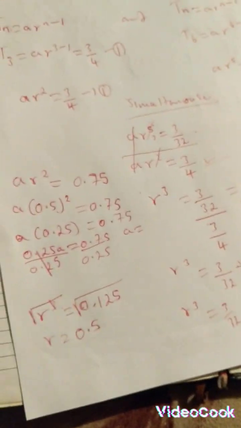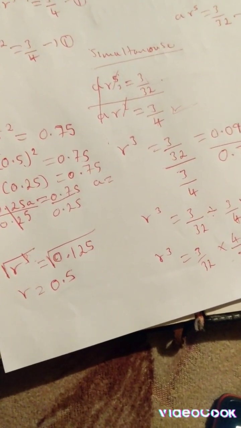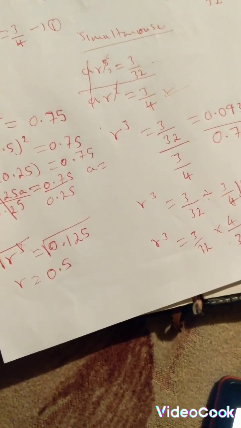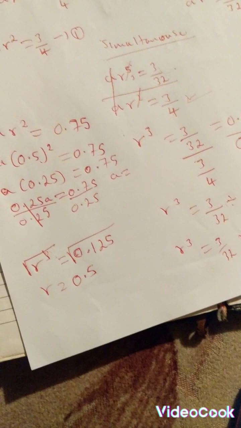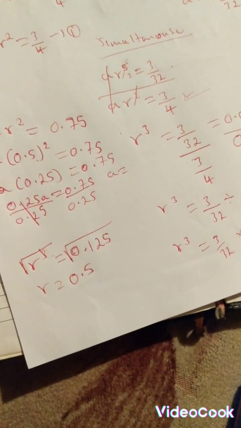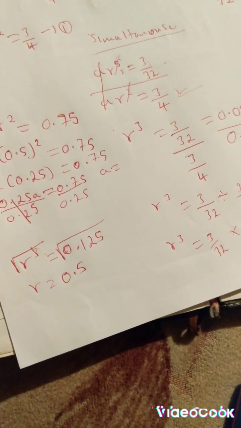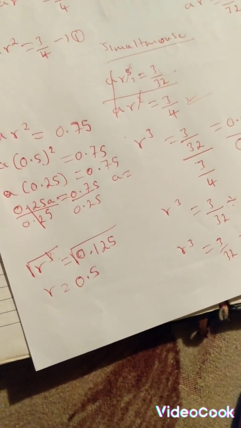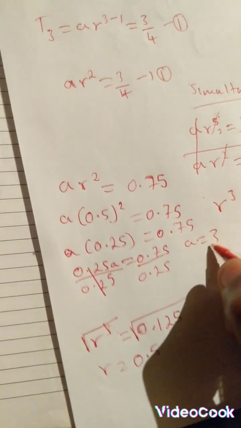When we cancel, we're going to have 0.75 divided by 0.25, and the answer is going to give you 3.